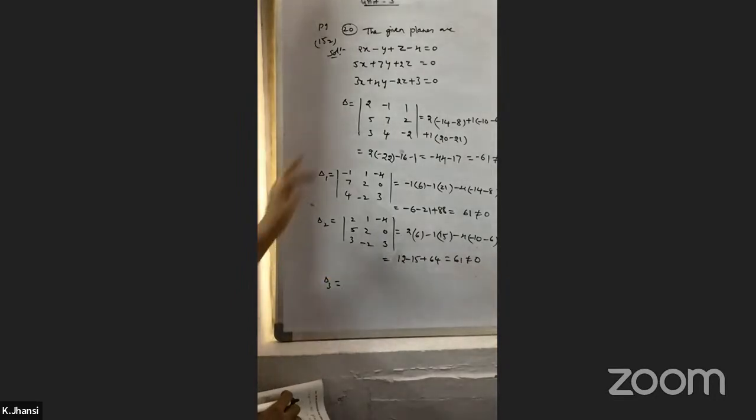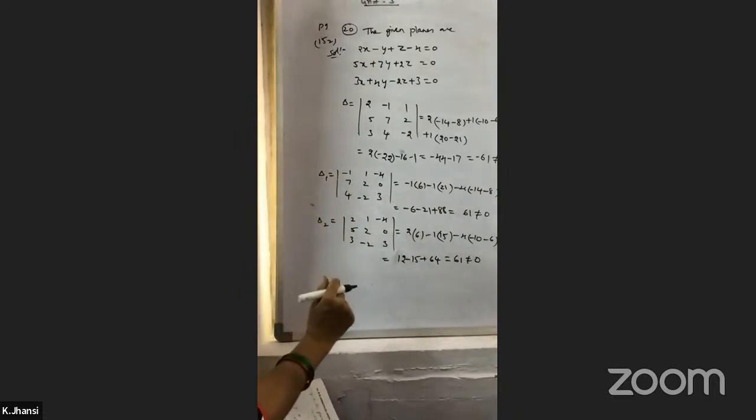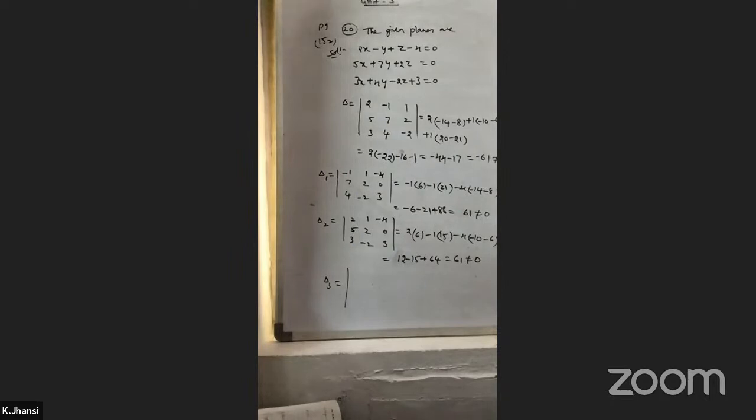So actually if delta you will get not equals to 0, no need of finding delta 1 and delta 2 and delta 3. Okay. So for your understanding, I'm telling these delta 1 and delta 2 and delta 3 values. If delta value itself is not equals to 0, the planes intersect in a line. Okay.